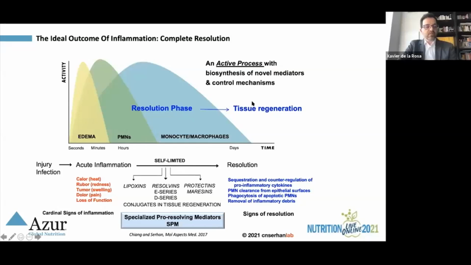Using self-limiting inflammatory models, Professor Serhan demonstrated a temporal biosynthesis of SPMs in the resolution phase. These SPMs are a family of endogenous mediators, including lipoxins, resolvins, protectins, and maresins. These mediators promote the signs of resolution listed here in blue. Identification of these SPMs provided the first evidence that resolution of inflammation is an active process.